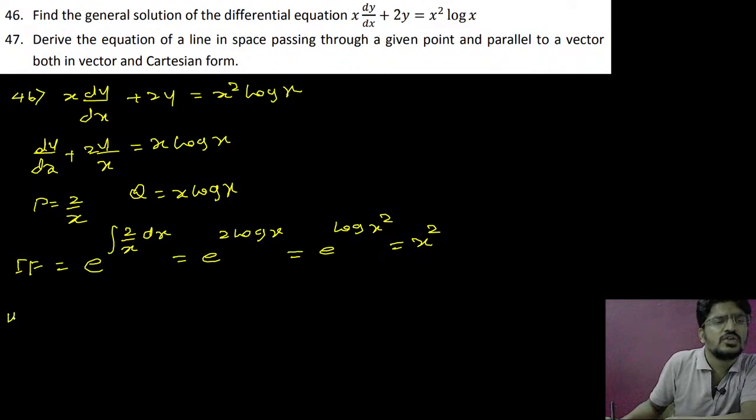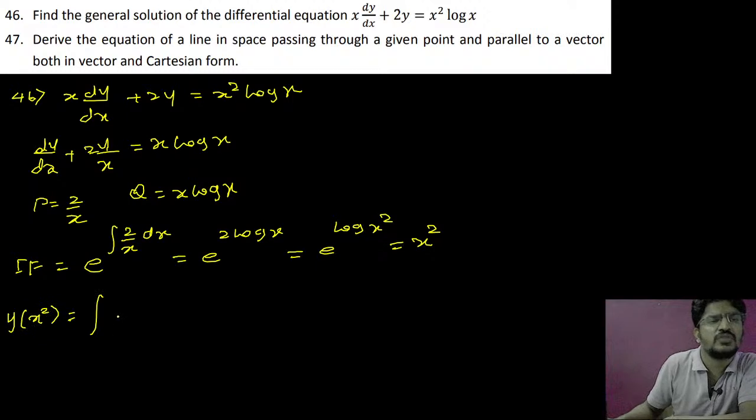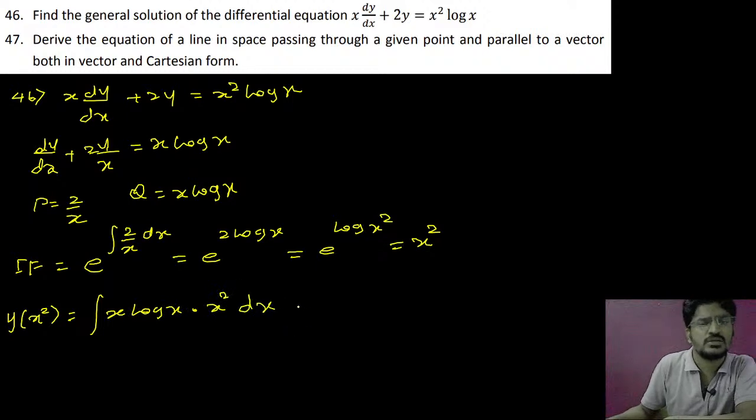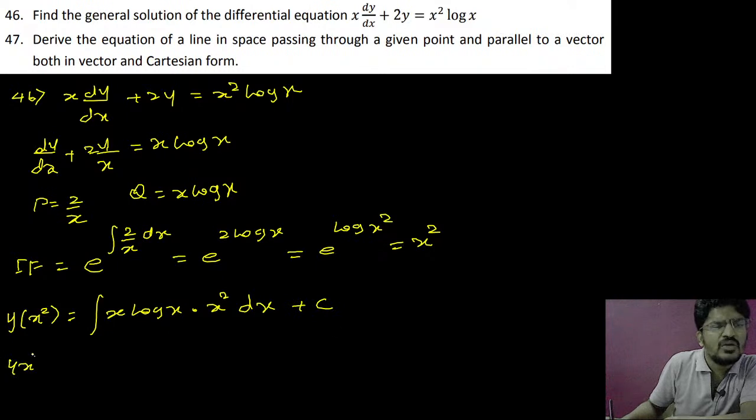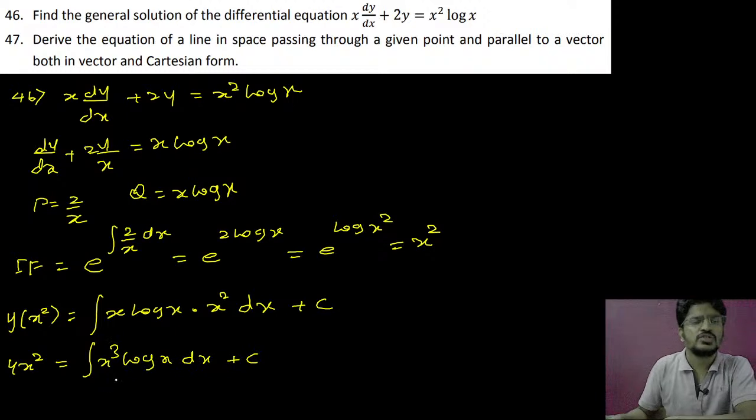Okay. So now y into the integrating factor, that is y into x square, equal to the integration of q into the integrating factor, that is x log x into x square with respect to dx plus c. So now y into x square will be the integration of x cube log x with respect to dx plus c. So now I have to apply the ILATE rule.